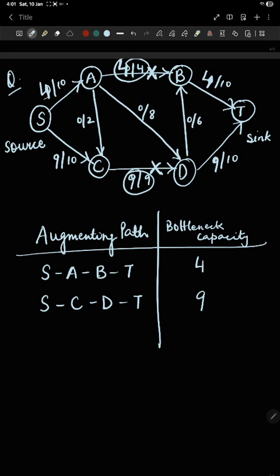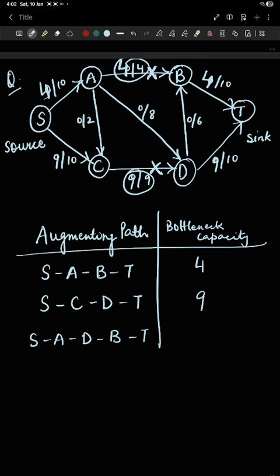Okay, now we can't go from A to B. We will take S, A, D, B and T. I've taken this path. You can take another also: S, A, D, and T can also be taken.